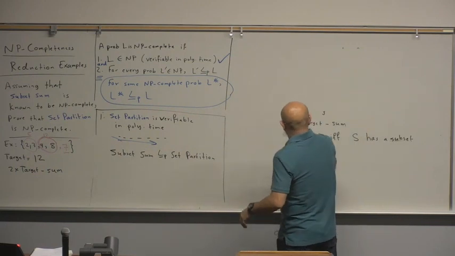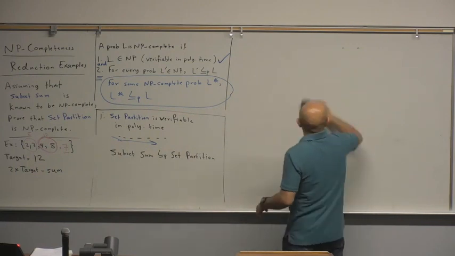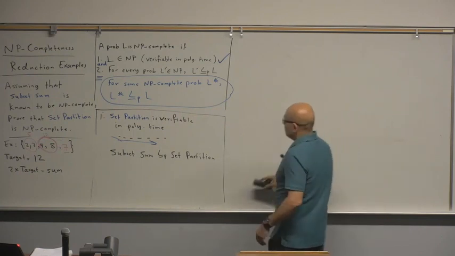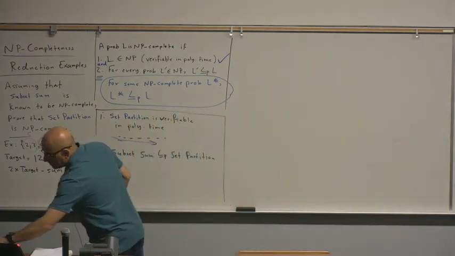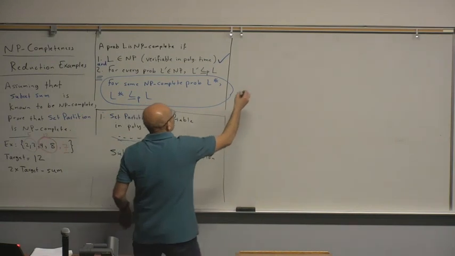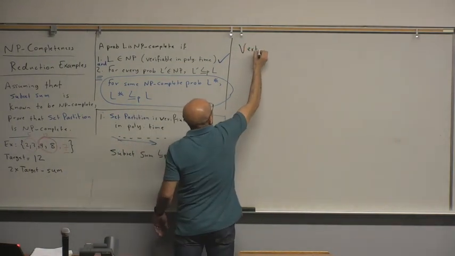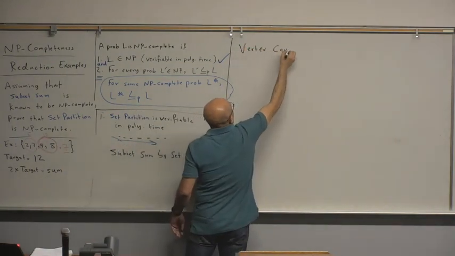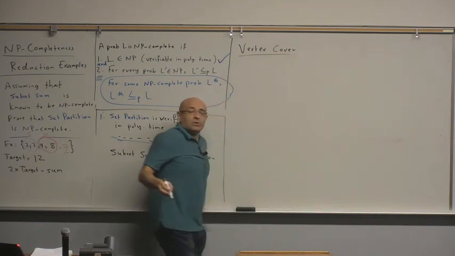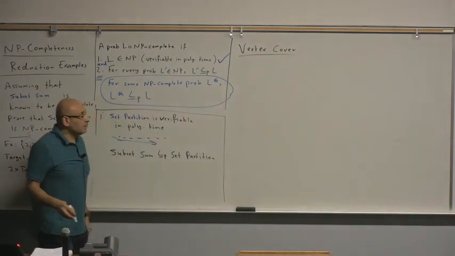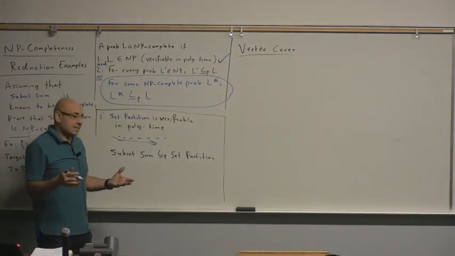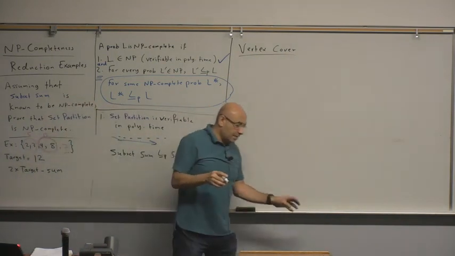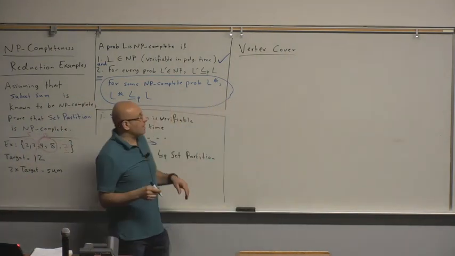So now we will introduce 2 problems. First problem is vertex cover. All of these problems are known to be NP-complete. But we will be doing exercises, assuming that one is known, prove that the other is NP-complete.